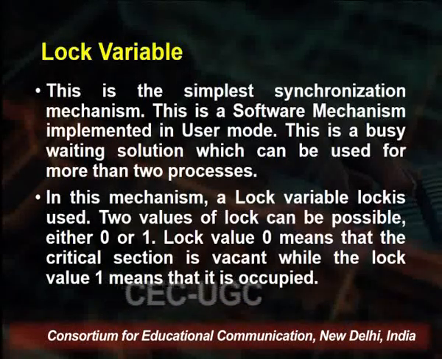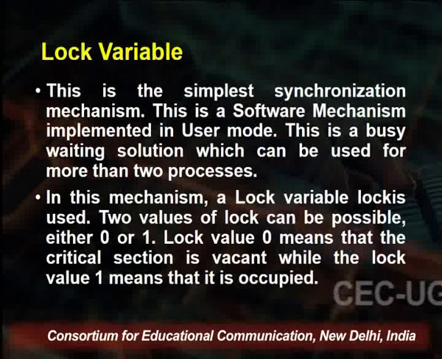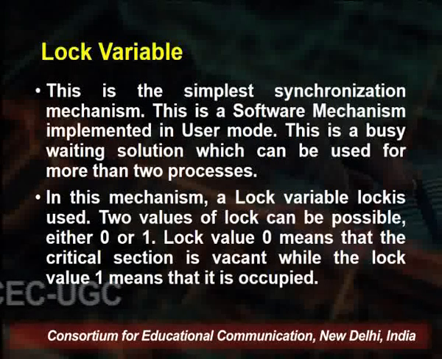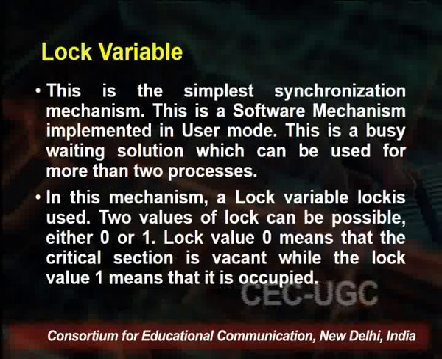What is happening in this mechanism is there is a variable known as lock variable. This lock variable is used with 2 possible values: either 0 or 1. Lock value 0 means the critical section is vacant, while lock value 1 means the critical section is occupied.